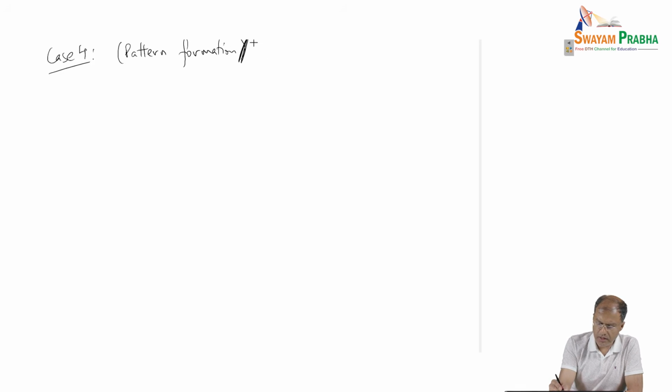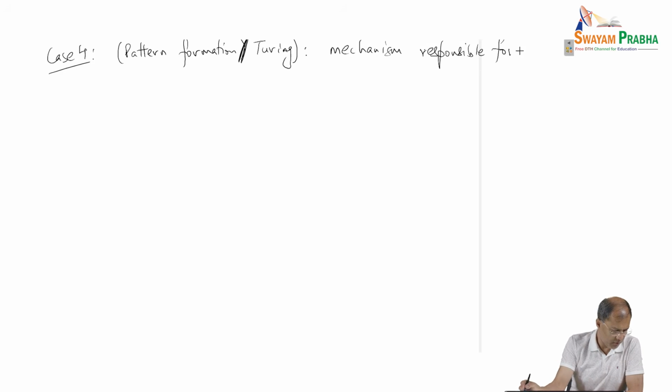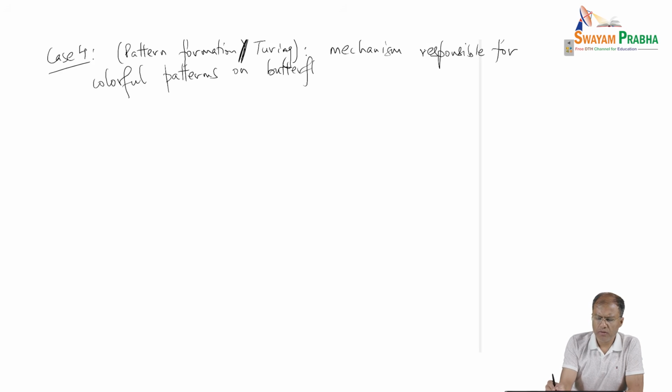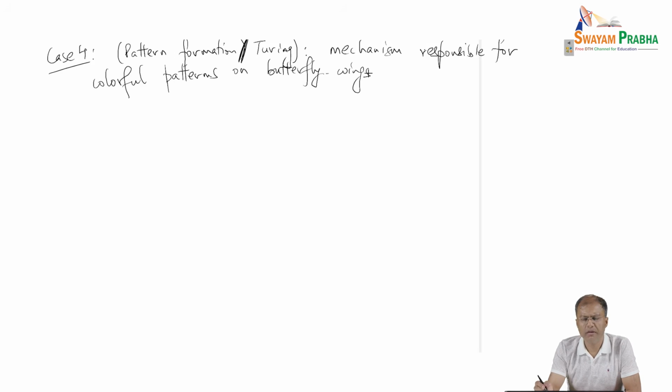Turing instability is a mechanism responsible for colorful patterns on butterfly wings. This is quite a common example.